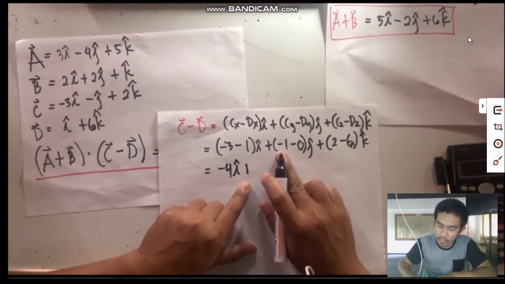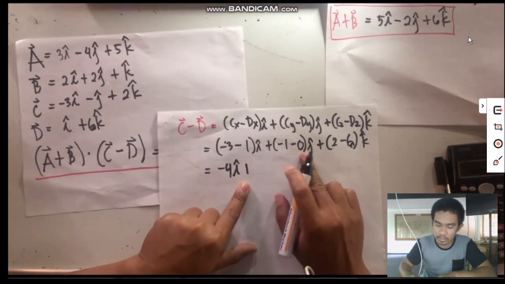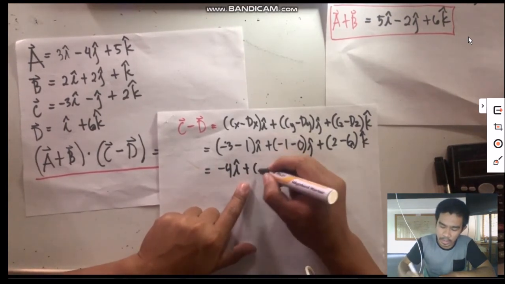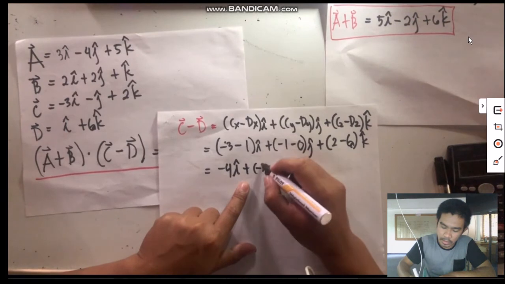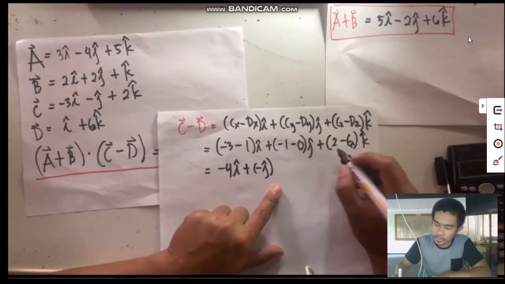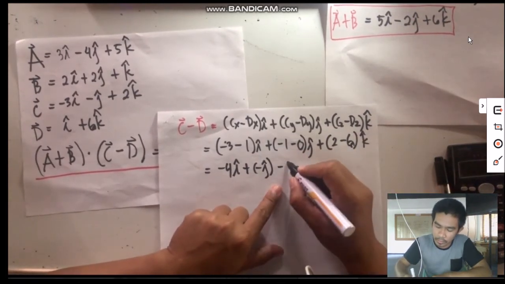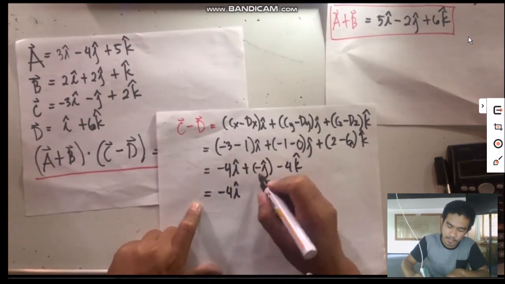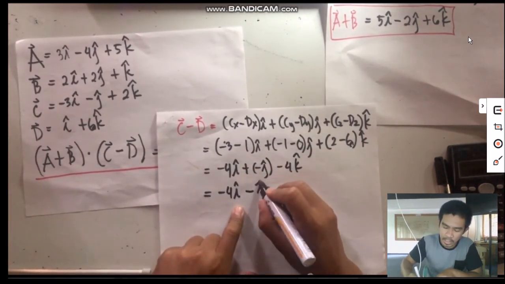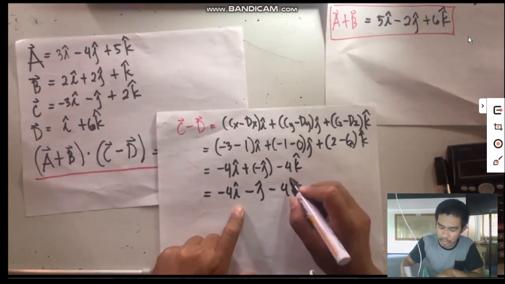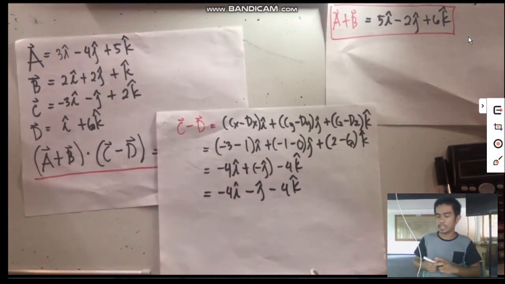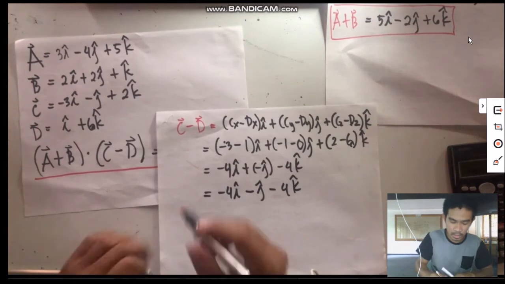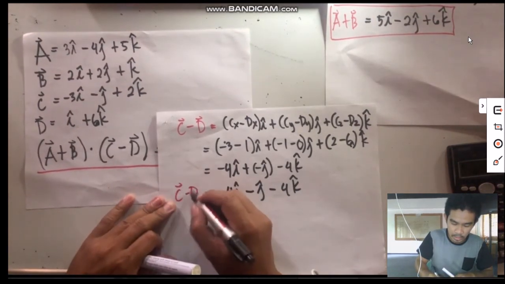What's negative 1 minus 0? So this is plus negative J hat. 2 minus 6 is negative 4 K hat. Or negative 4 I hat minus J hat minus 4 K hat. So that is vector C minus vector D.